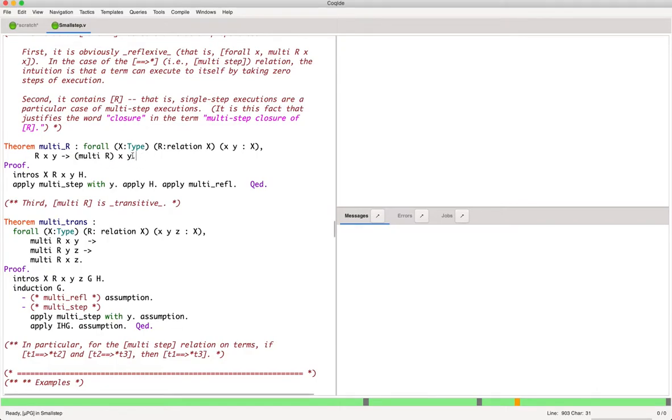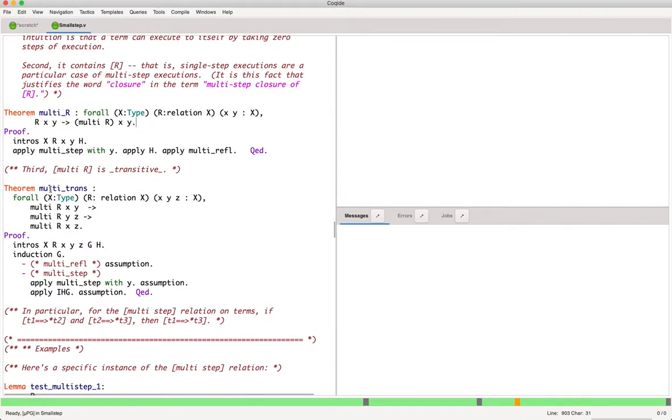So that simple implication holds. Proof is easy. Also the transitivity holds, so if we can go from x to y in some number of steps and y to z in some number of steps, then obviously we can go from x to z in some number of steps. So that's quite useful for various proofs.